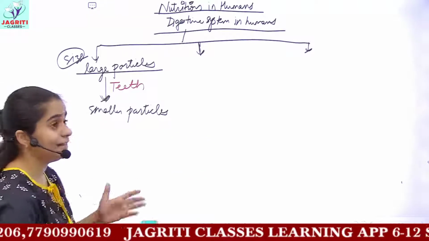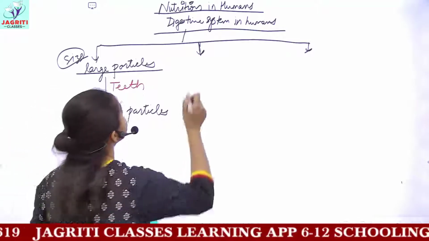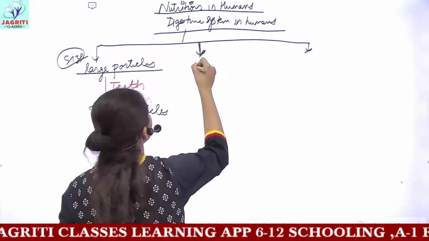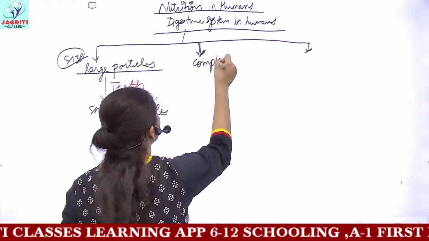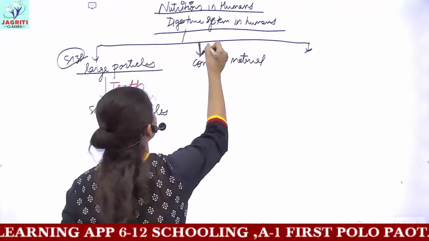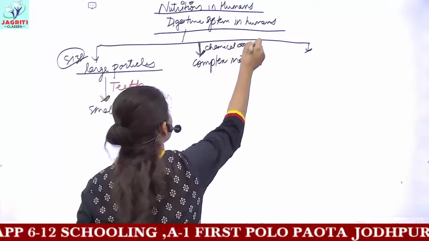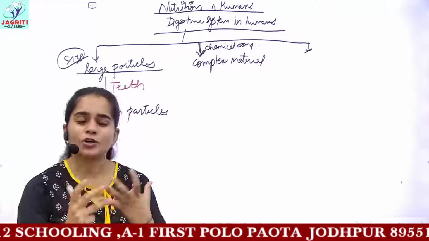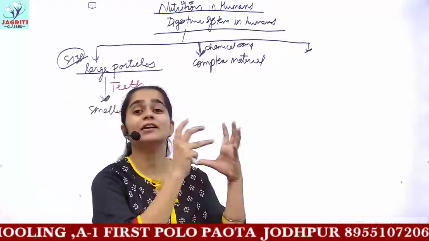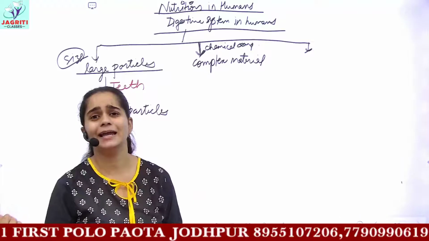Can you think of any other function? Then we can say that the food is present in the form of complex material. This complex I mean based on its chemical composition. That food contains large macromolecules and large chemical compounds, and these complex materials cannot be absorbed by the body.